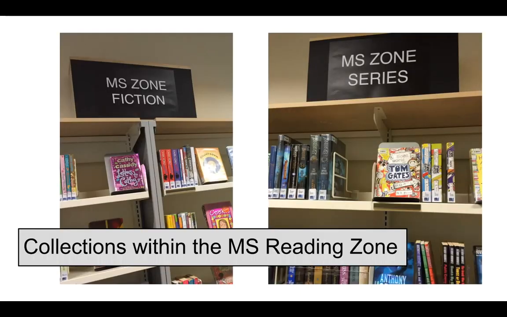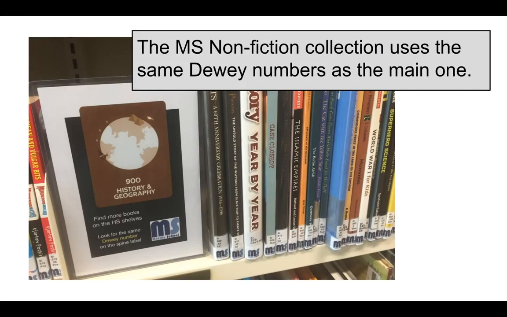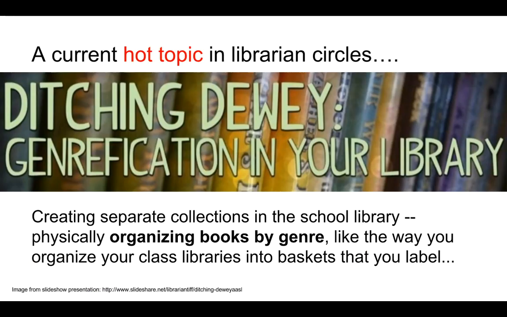In the middle school reading zone, we have had fiction, and now we've just started a series section to help you find the series books you really want to read and the sequels in those. In the nonfiction section in the middle school, if you note that Dewey number, you perhaps want to check in the main collection because you'll find more books on the same topic there.